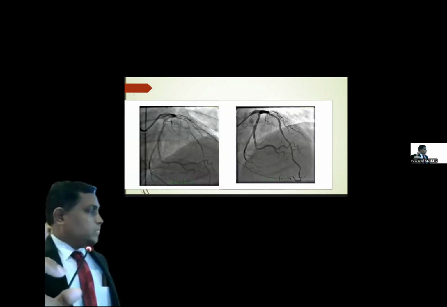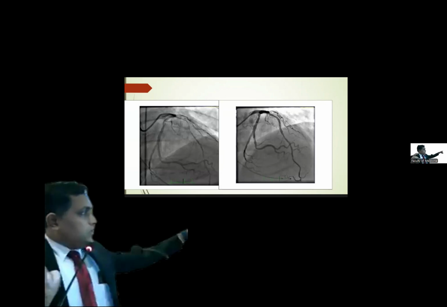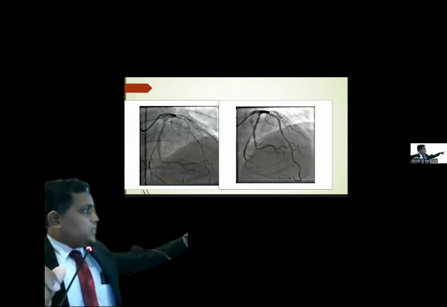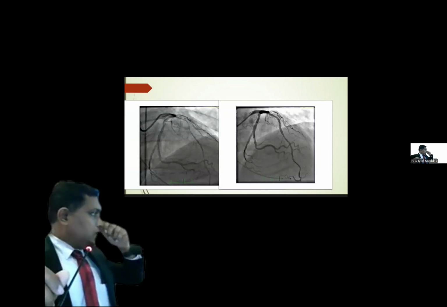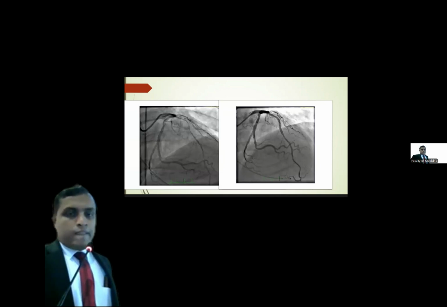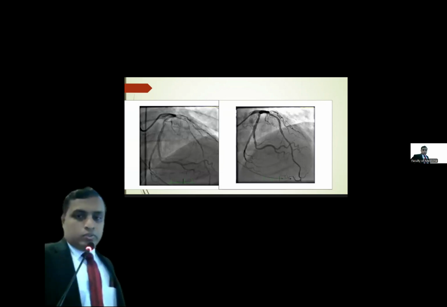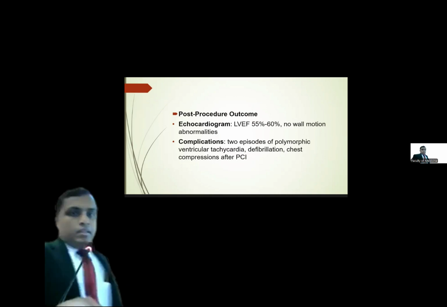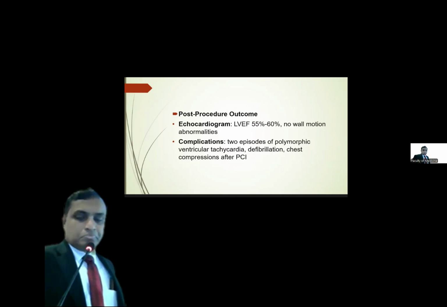So this is on your right hand side, the first angiogram. You can see the left descending coronary artery. Proximally there's a tight lesion and distally there's a tight lesion. After the stenting, there's good flow. Then after stenting also, the patient developed 2 episodes of ventricular tachycardia, and defibrillation was done.